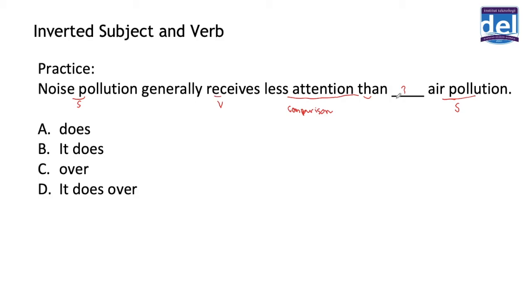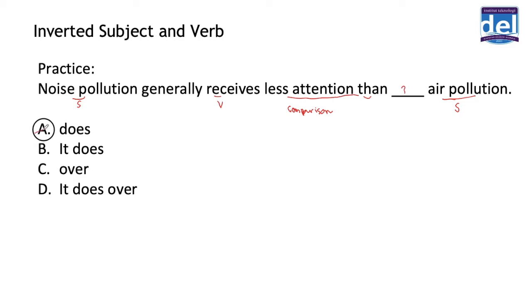I might say that the sentence is already correct and it makes sense, but there is still a blank here. It means there is a possibility for inverted subject and verb with comparison, yeah? You remember the pattern is subject, verb, comparison, verb, subject. So we need a verb which can be in the form of a be verb or an auxiliary.